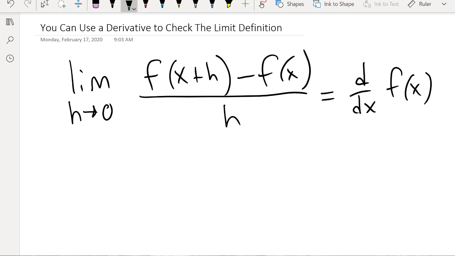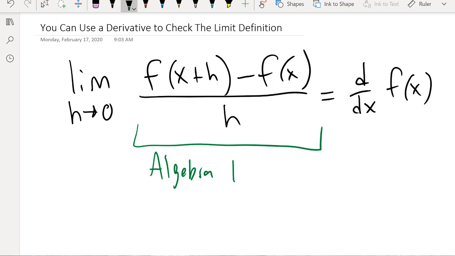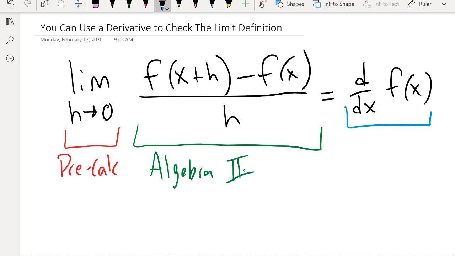So this portion is algebra 2, the limit part is pre-calculus, and finally the derivative itself will be calculus, by which I mean calculus 1.